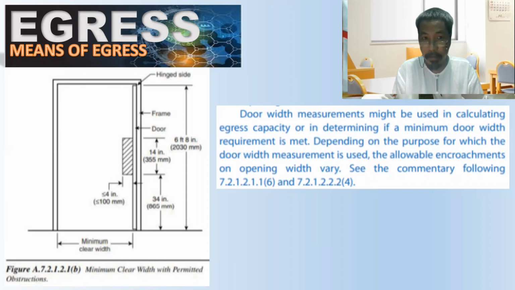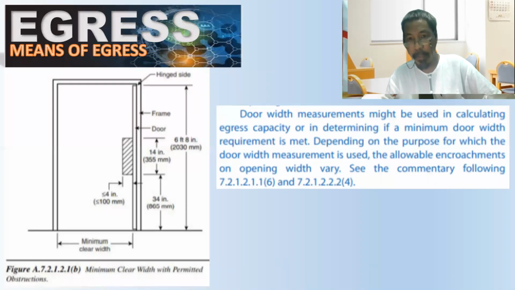For example, there are 2 persons that, in terms of size, could get out of the door at the same time. But because of this obstruction, one of the persons cannot get out at the same time with the other one. So maximum, for example, is 100 mm. Maximum obstruction. Permitted obstruction. Right?